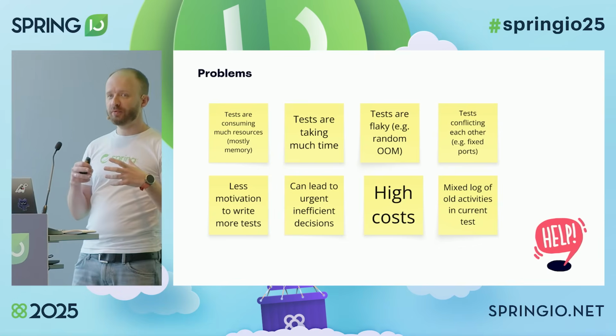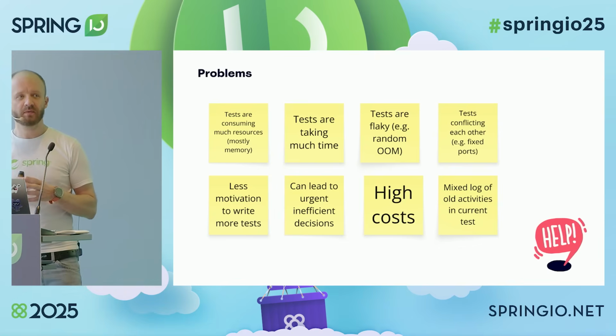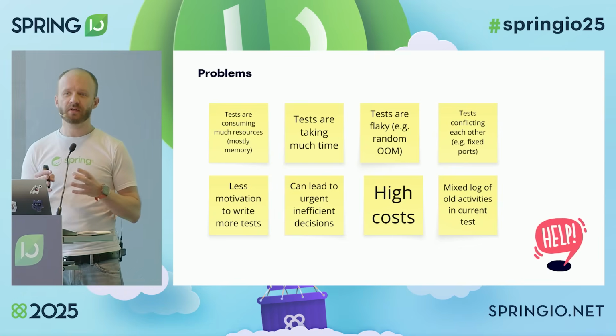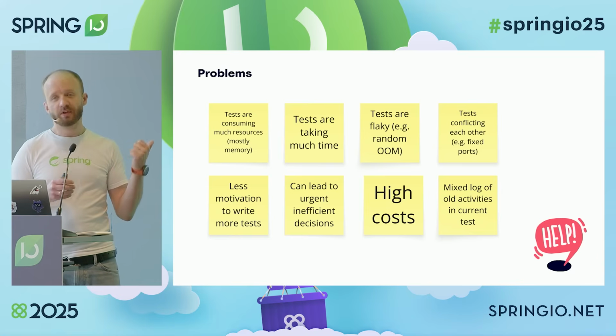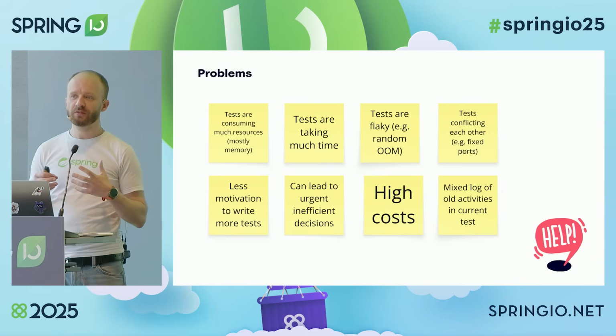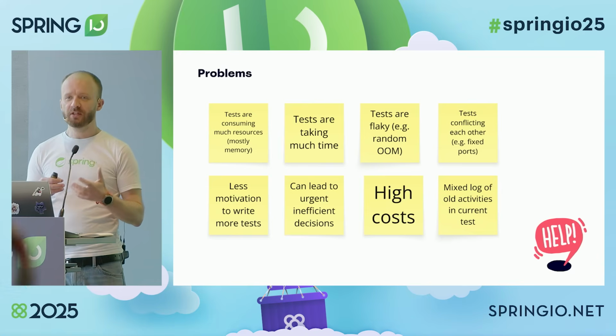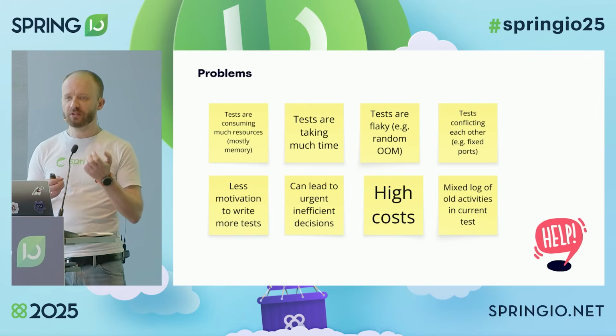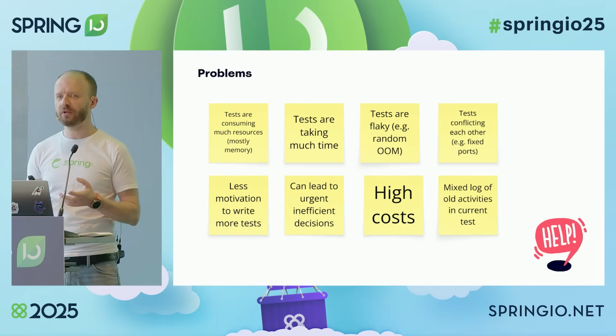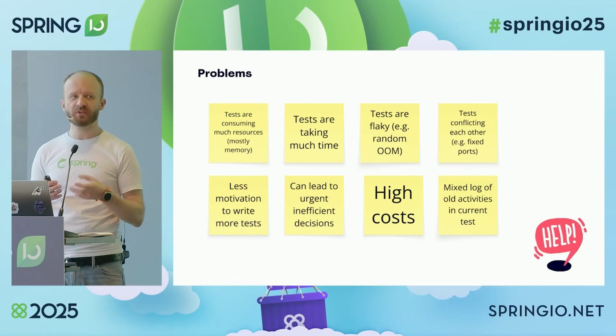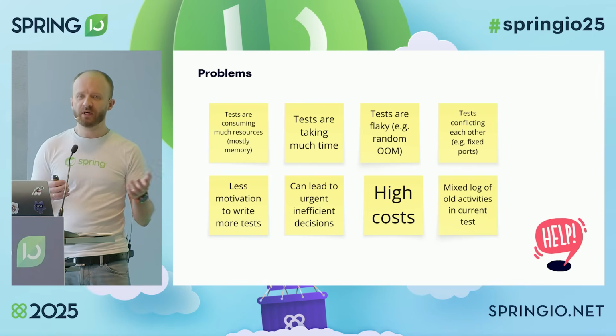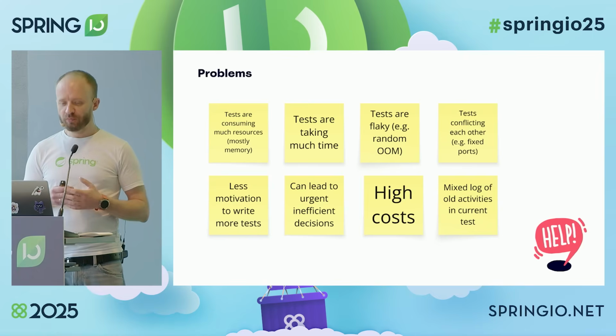With the project growth, eventually we started observing pretty severe problems because our tests took a lot of resources. They needed a lot of memory and took a lot of time. Tests became more flaky. They were conflicting with each other, for example, trying to use the same identifiers or ports.